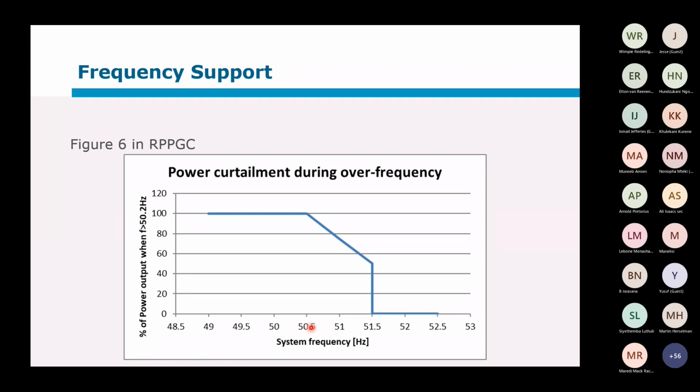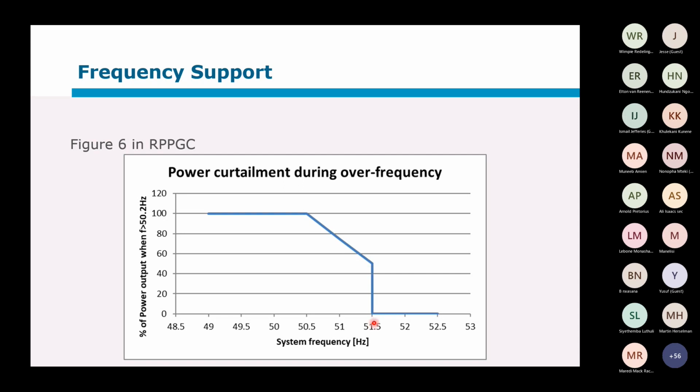And I think the saving grace for Germany was that they're part of a very strong interconnected network with their neighbors. So the proposal here is that, instead of just switching all of the renewable generation off at the same time, they will start reducing the active power output.